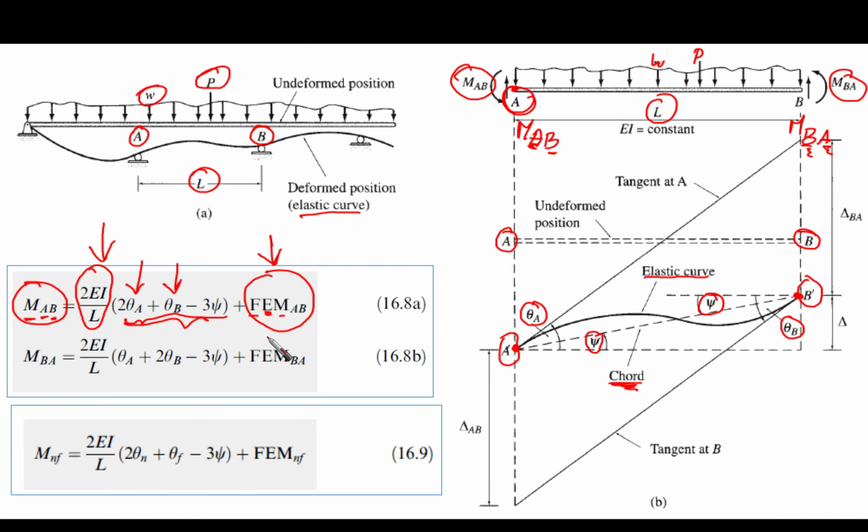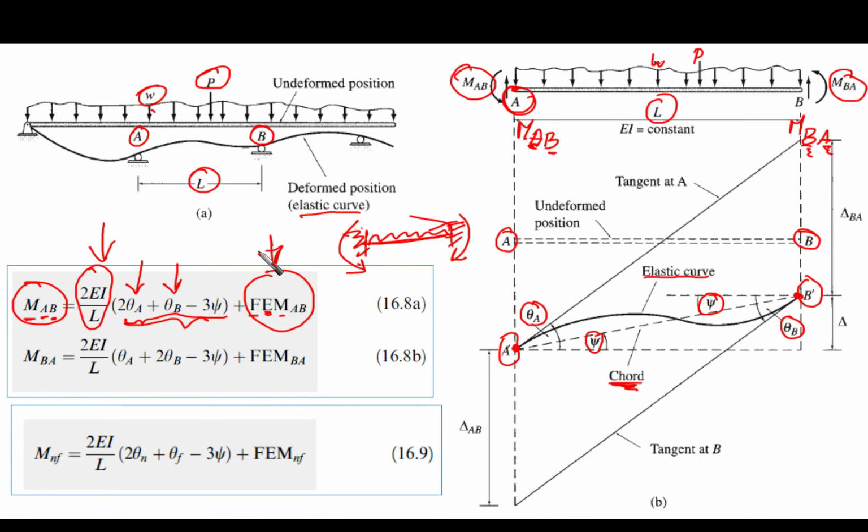I'm going to talk about it in detail, but the fixed end moments arise whenever we have any beam: we consider that both ends are fixed, and if there is a distributed load, some end moments are going to be developed. These moments are due to the external loading.